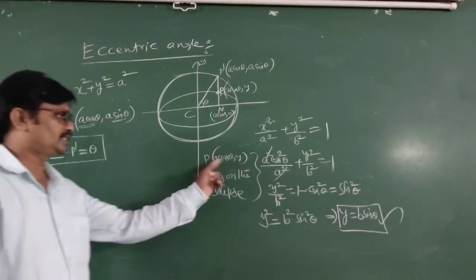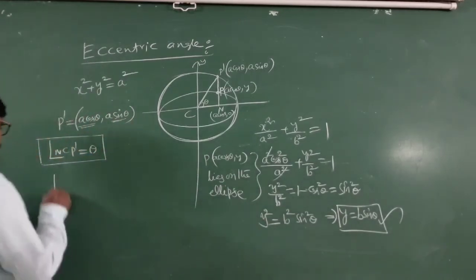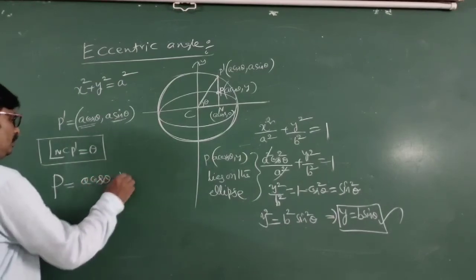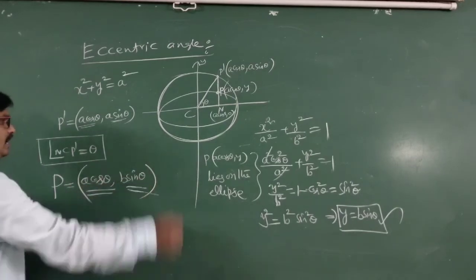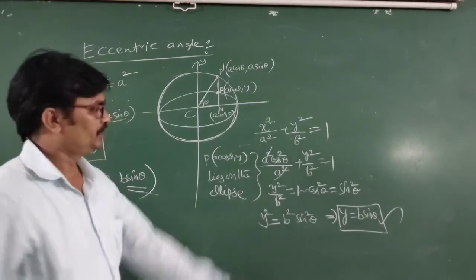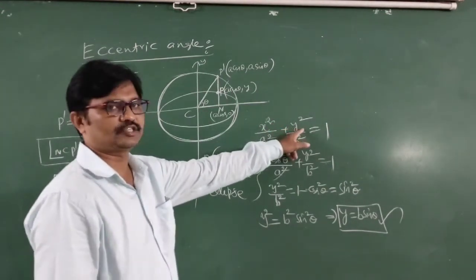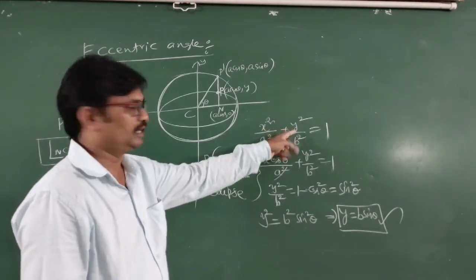So x is a cos theta, y is b sin theta. So students, P equal to a cos theta comma b sin theta, which is called the parametric point. Here a square cos square theta, and b square sin square theta; a square is cancelled, b square is cancelled.